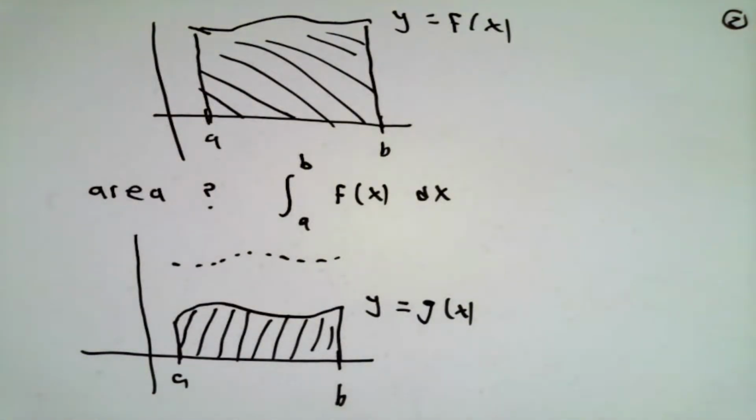I'm going to draw the graph of f again, but I'm going to draw it as a dotted line and think only now about the graph of y equal g of x. Since g is positive and continuous, I can calculate the shaded in area as being the integral from a to b of g of x with respect to x.